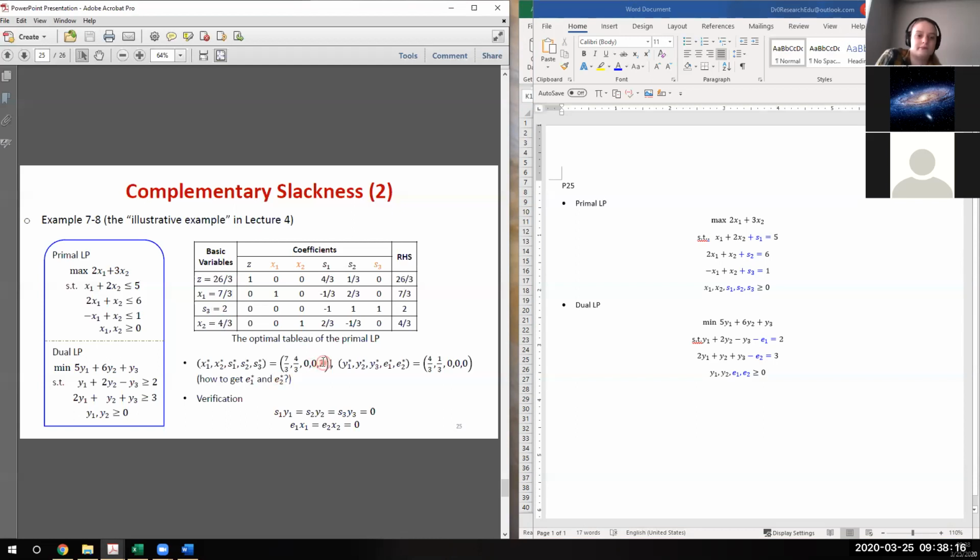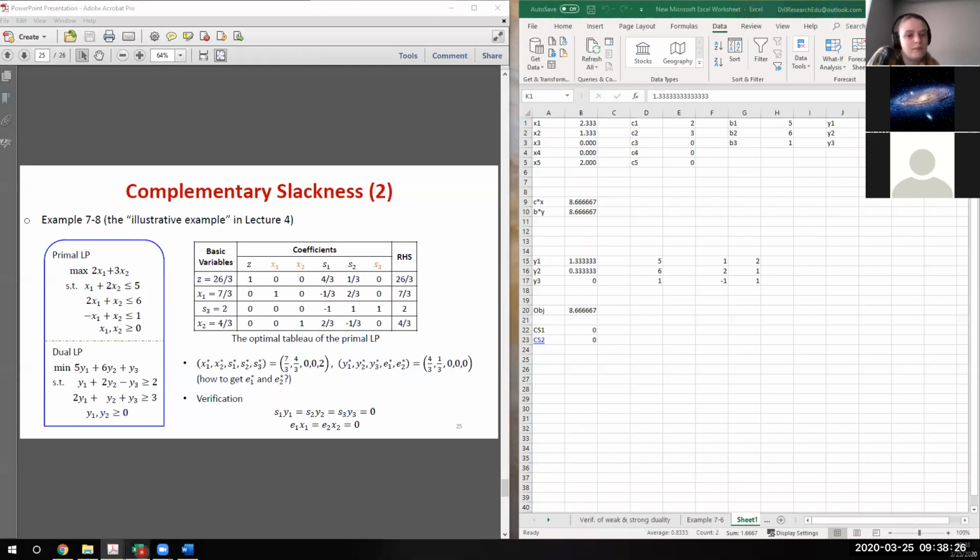And finally, S3 equals 2 is here. And correspondingly, I can get the Y's. First of all, I've already solved the Y here, right? I'm lazy to show the simplex tableau, but the solution here for Y1 is 4/3, Y2 is 1/3, and Y3 is 0, right?